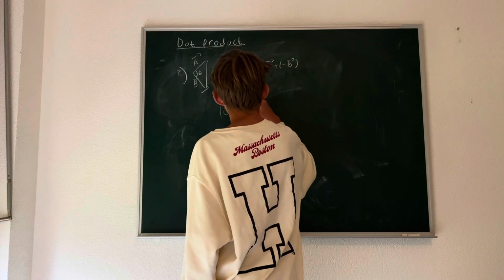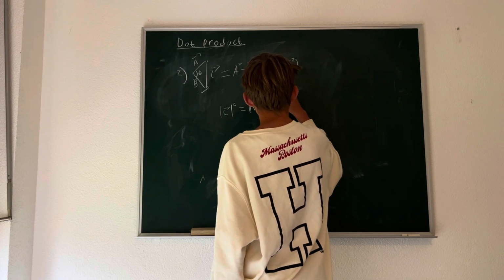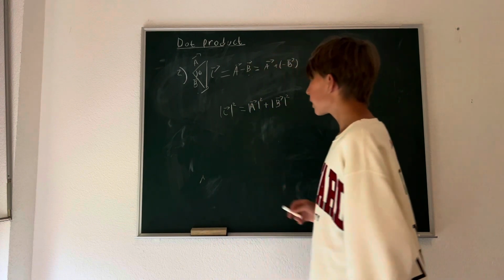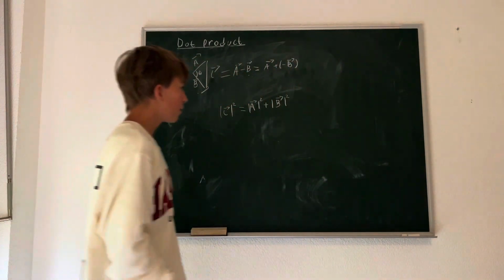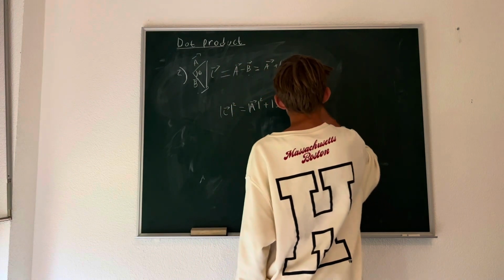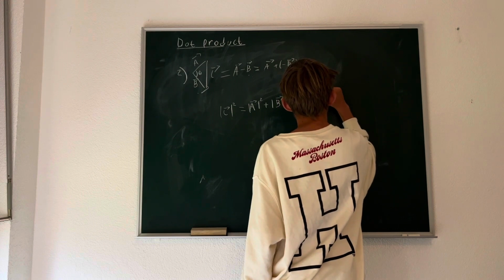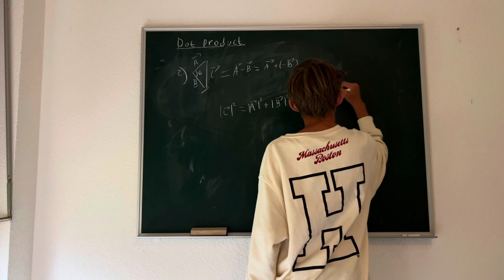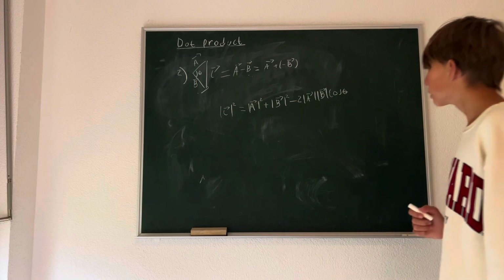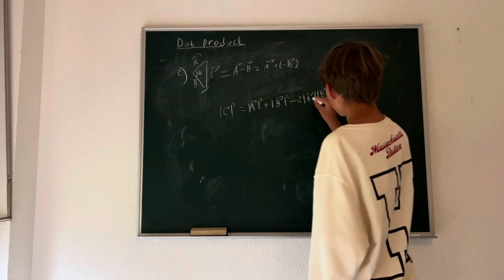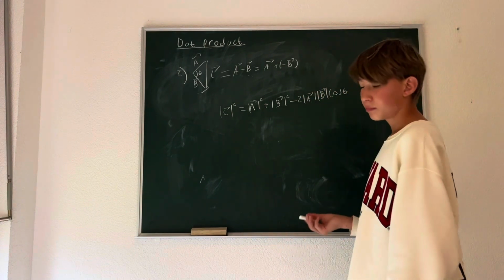So we have A squared plus B squared. This right here is Pythagoras, but since this isn't always a right triangle, we have a few extra terms: minus 2 times the magnitudes of A and B times cosine theta. These are just the magnitudes, of course. And this is the law of cosines.